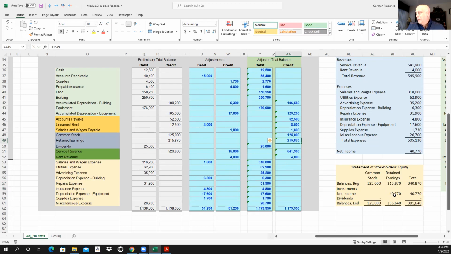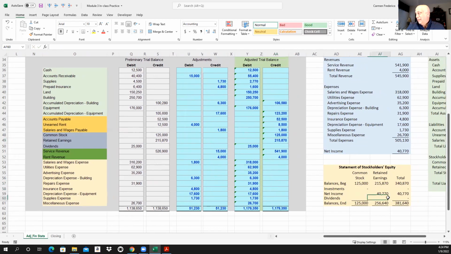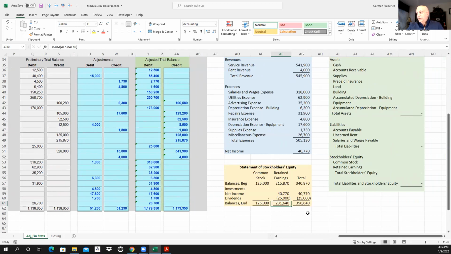That's your beginning balance. What impacts retained earnings? Revenue minus expenses and any dividends. Well, did the company pay out any dividends? Yes, they paid out $25,000 of dividends. So we grab the dividends account, and there we show our retained earnings balance of $231,640, and our common stock still on the books at $125,000.